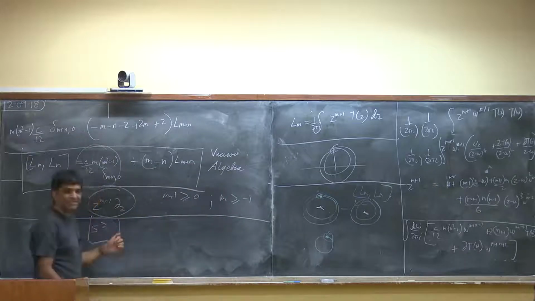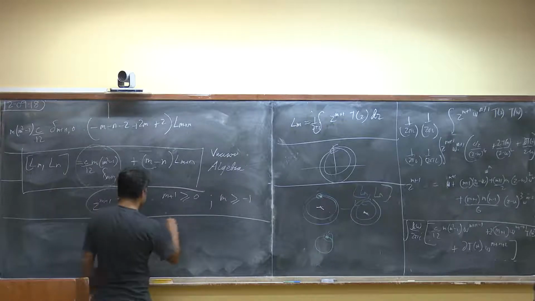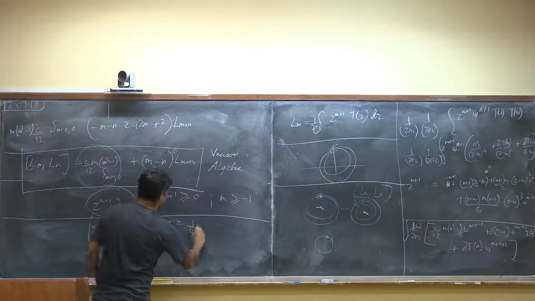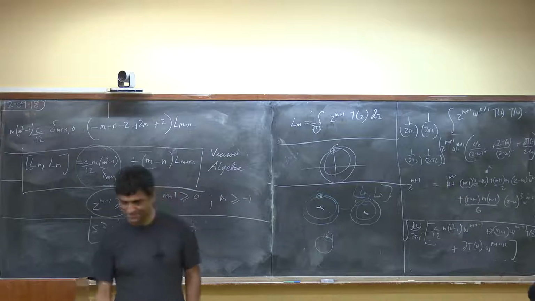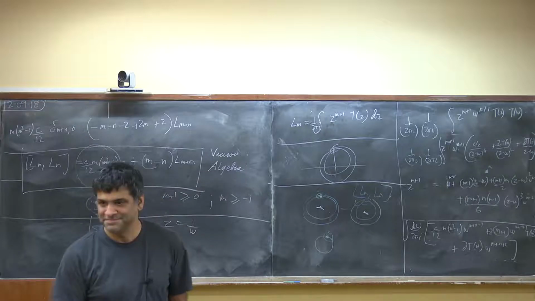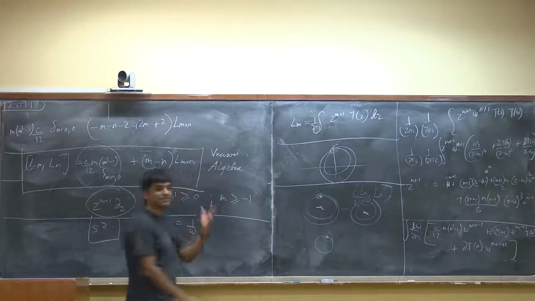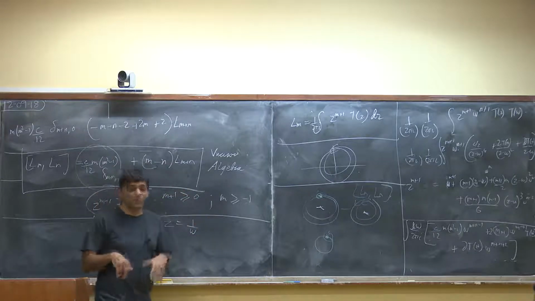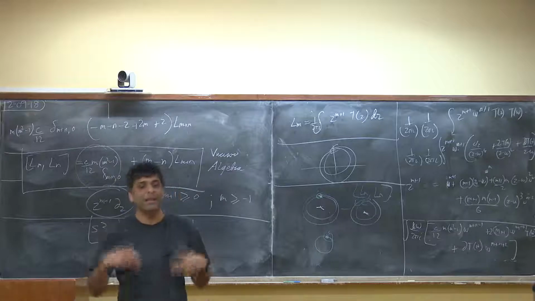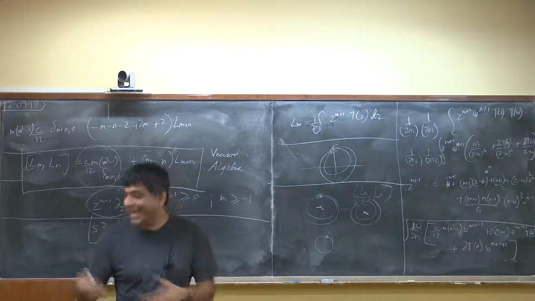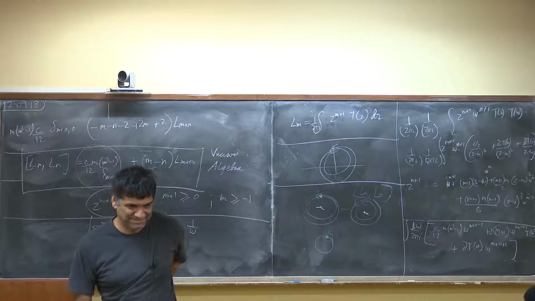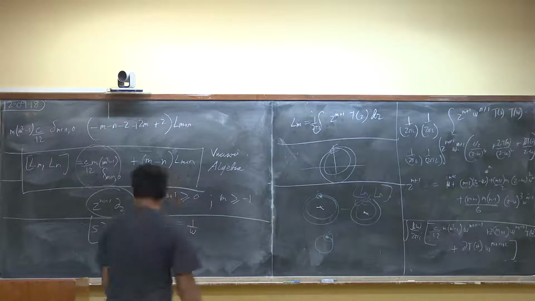The way to think of infinity is to do a conformal transformation, which is to make the change of variables z equals 1 by w. If I make this change of variables, then I bring infinity to 0. So in this new variable, the vector field should be well behaved at 0. So let's check.